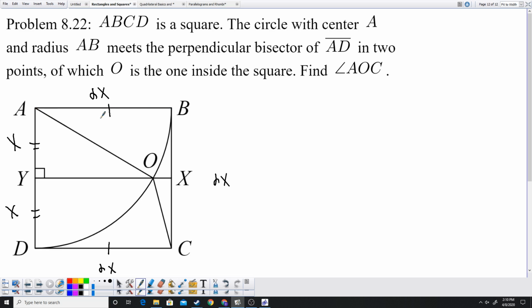Our radii is also this length here. Okay, which means that AD is also a radii of the circle. And let's just keep in mind, always we have 90-degree angles at these locations. Okay, so what else can we do?